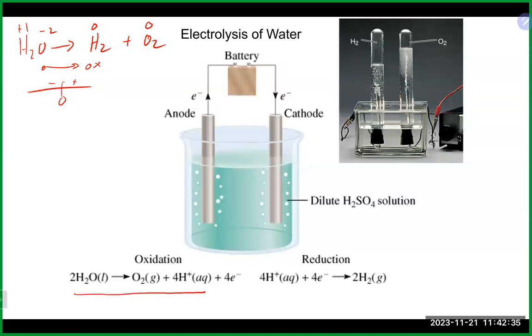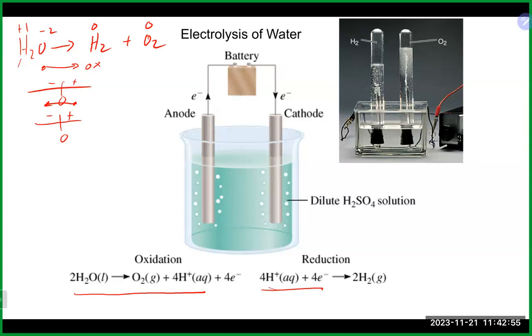On this other one, it is the hydrogen going from +1 to 0 that is being reduced, which is what we see over here. Again, that is the opposite reaction of putting it together.